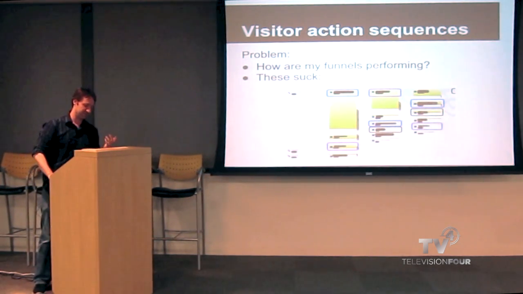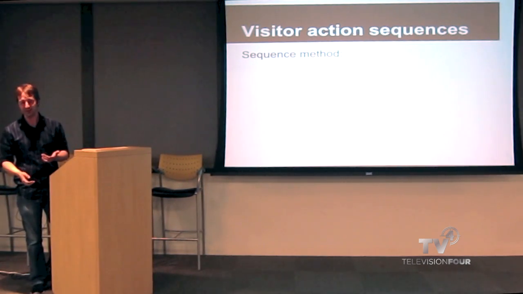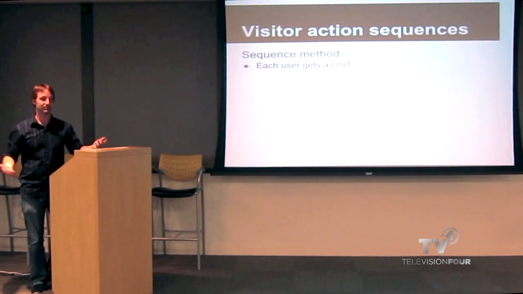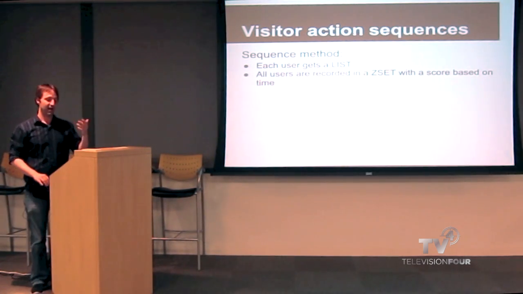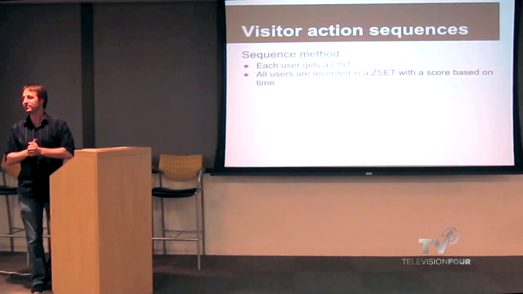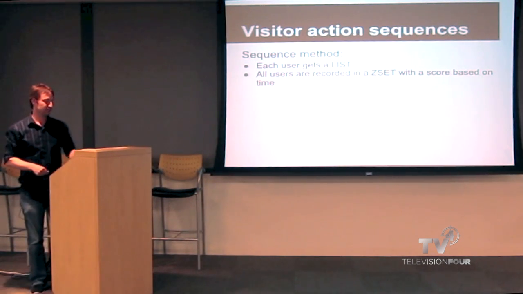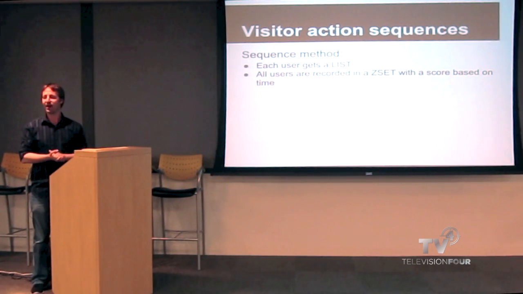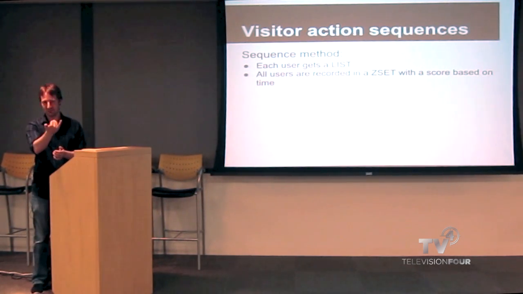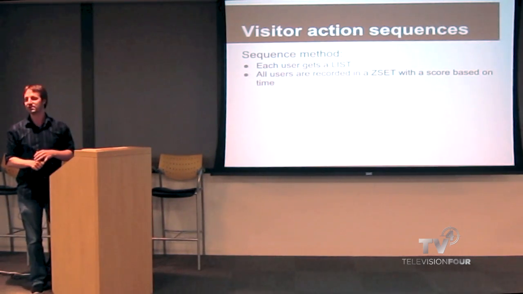And so this first method, which is the sequence method, is probably pretty obvious. Each user gets a list. The nice thing about a list is, well, I'll get to that in a second. When somebody performs an action or visits a page or what have you, you add the user to a ZSet, the member being the user ID, and the score being the time.